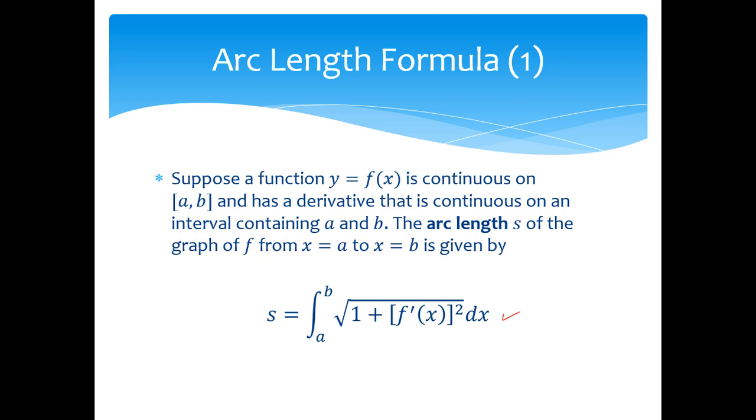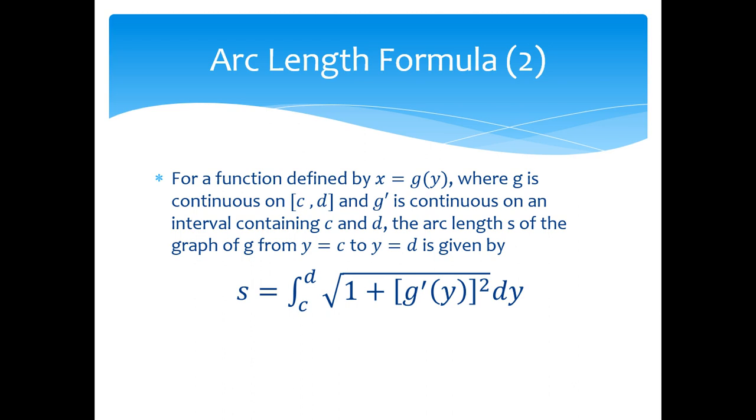First of all, the components of the formula: a to b is the interval at which the function is being assessed, its length is being calculated. And here I have f prime of x, which is the derivative. So the function has to have a derivative for us to find the length, and it has to be a continuous function on the interval a and b.